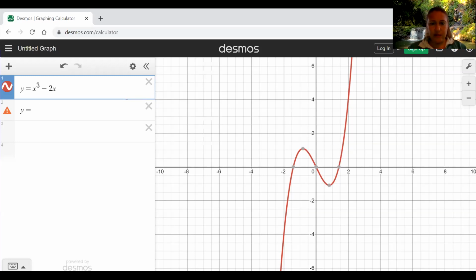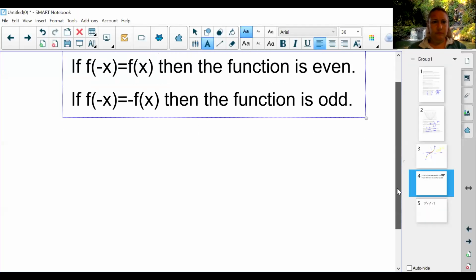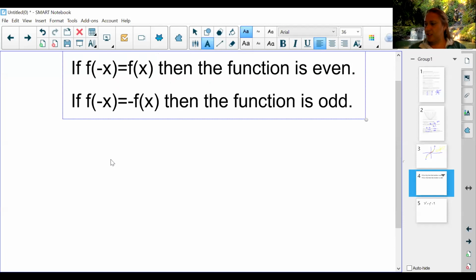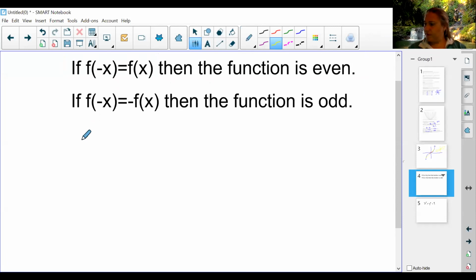But if you want to do this algebraic test, let's check out the first equation.